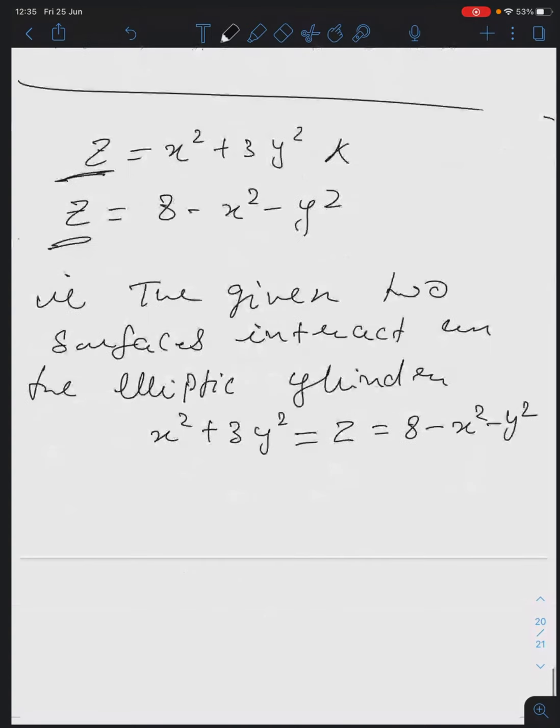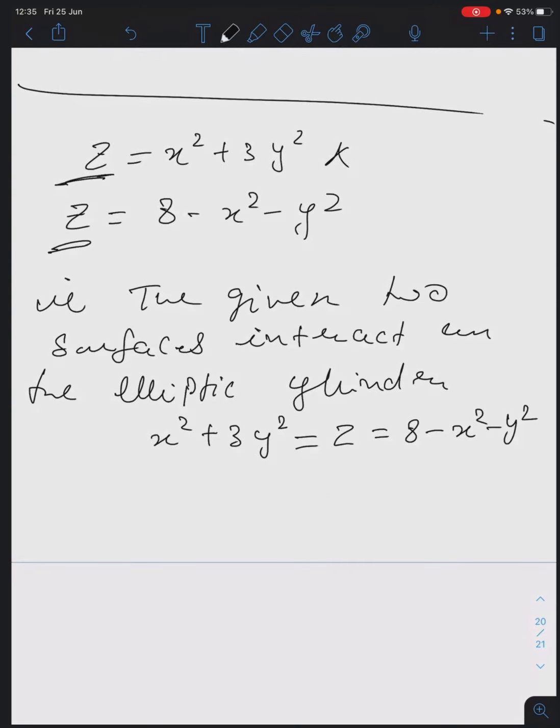Got it, all of you? Now if you simplify this, what are you going to get, tell me? You will get x square plus 2y square is equal to 4. Is it correct? Yes, 2x square you will get, plus 4y square you will get, which is equal to 8. So x square plus 2y square is equal to 4.